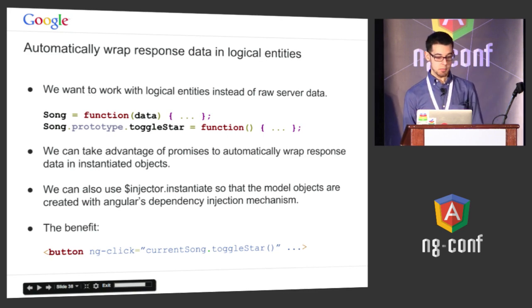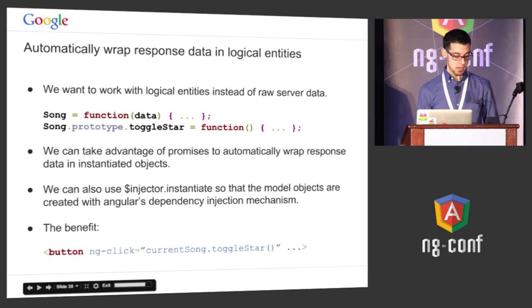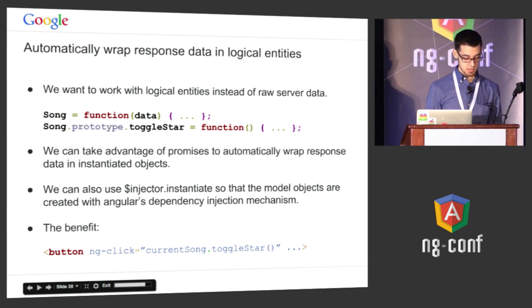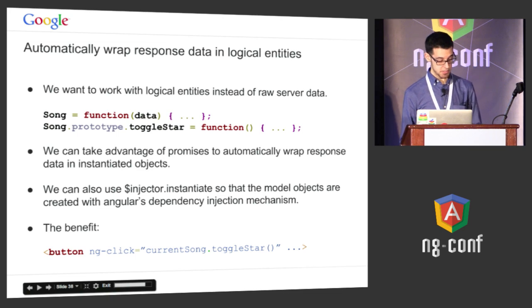So we accomplish this feature by taking advantage of the promises in Angular. The API service simply takes the promise returned from the underlying $resource call and adds a resolve function that instantiates the model object and returns another promise that is resolved with that model instance instead of the raw data.